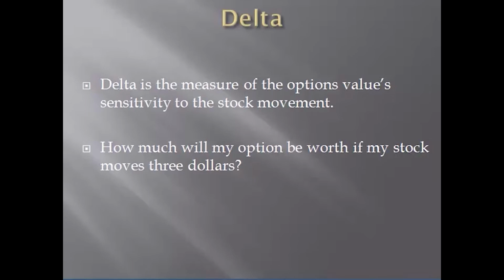And they think the stock's going to go up, so they're going to buy an option and hope it goes up. Well, how much is it going to go up? By understanding the Greeks and by understanding delta, we can actually figure out that if the stock moves $1, that option value will move up in the price of what the delta is.